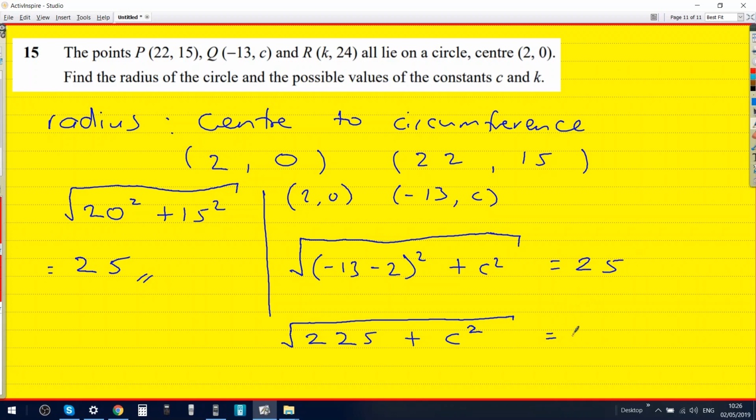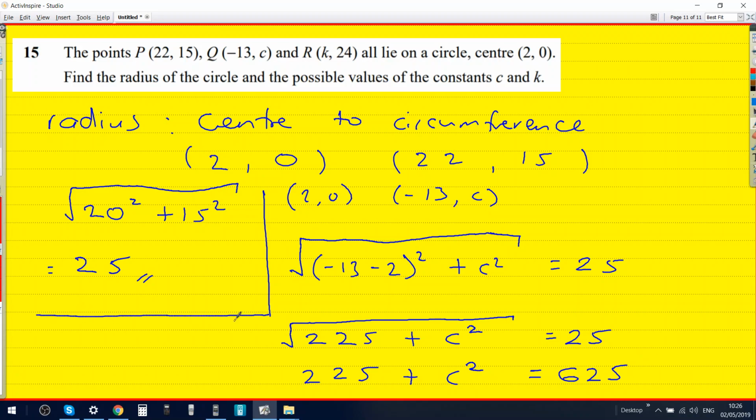Right. So can you square 25? Yes, square both sides. And it gets rid of the square root. So 625.